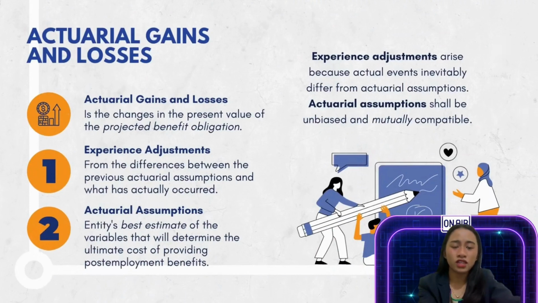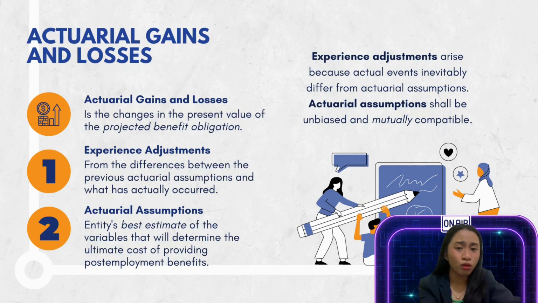Actuarial gains and losses are changes in the present value of the projected benefit obligation resulting from, bakit binago? Number 1, dahil sa there is an experience adjustment, and number 2, there is an effects of changes in actuarial assumptions. So, magkakaroon lang ng actuarial gains and losses dahil sa dalawang ito. Ano nga ba ang ibig sabihin ng dalawang ito?